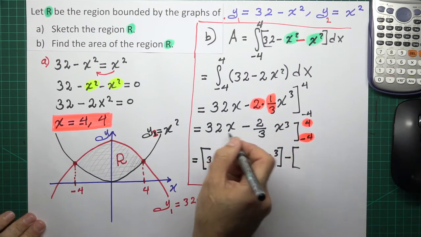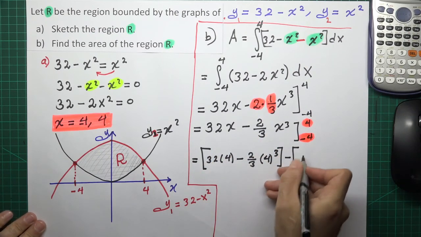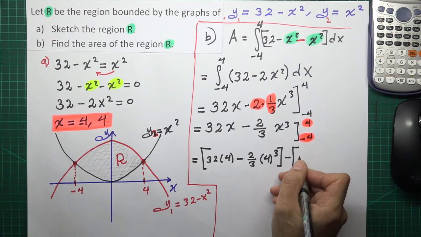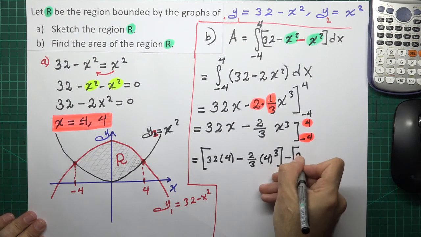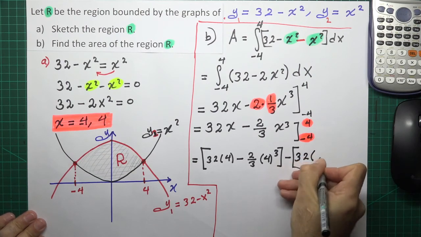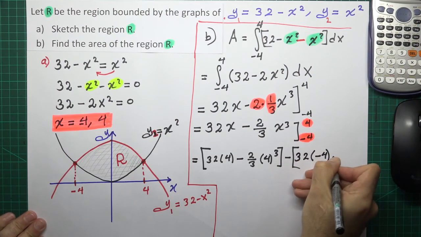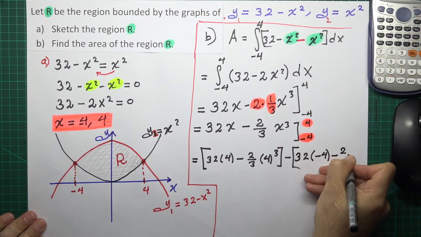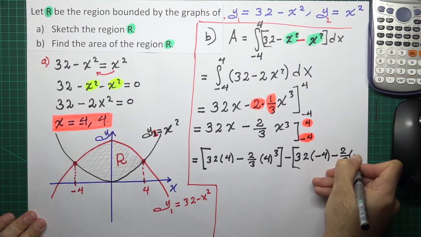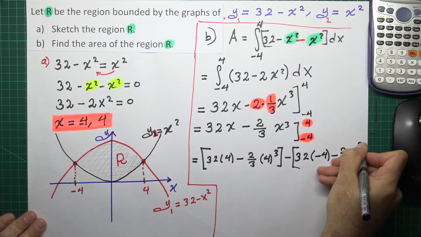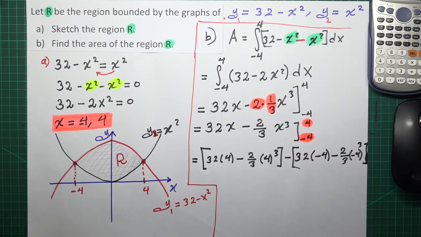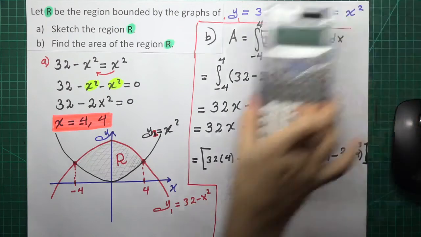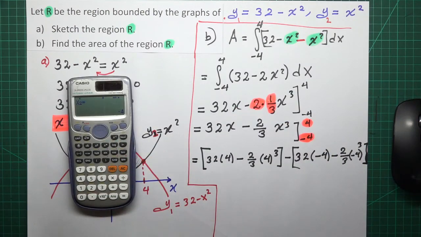I will replace each x by minus 4. Of course we need to go back to the fundamental theorem of calculus lesson to make sure we have it right. I have 32 times minus 4 minus 2 over 3 times minus 4 to the 3, and I can close this bracket. Then I think we can use the calculator to finalize everything.